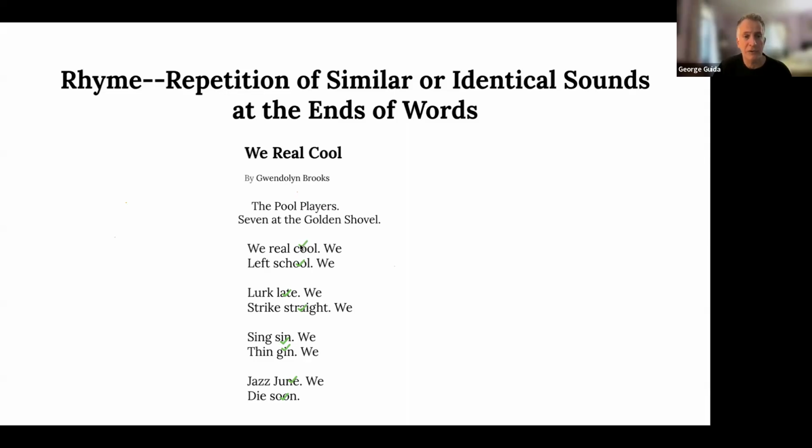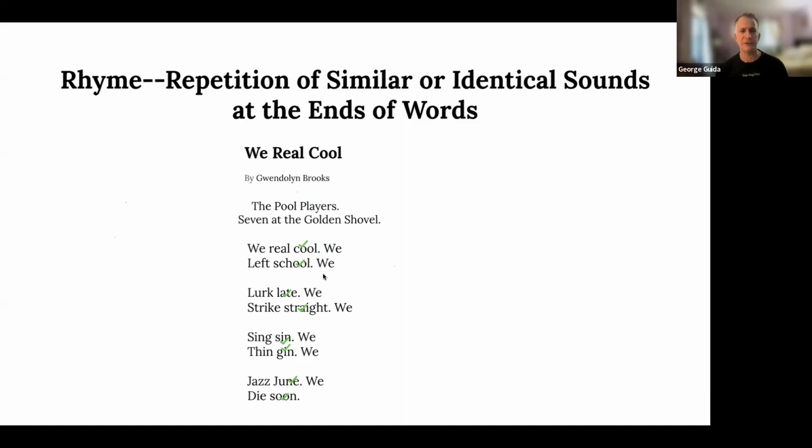You can rhyme a word with another word in the same line. She doesn't do that here. Instead she does something a little clever and a little different. She rhymes the word with another word in sort of the middle of the line. It's almost the end, except for the word we.